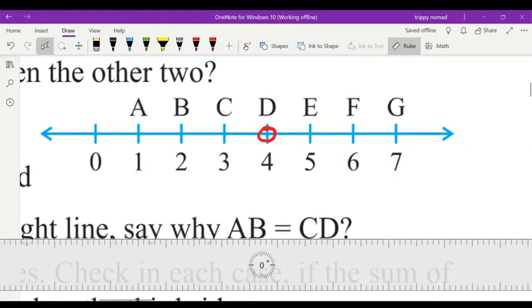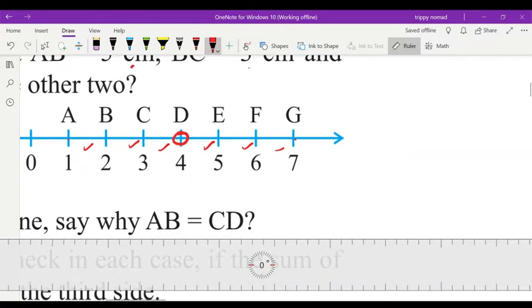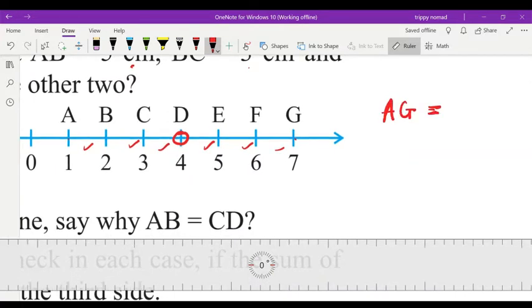So does the D point lie in the center, that means in the mid of AG or not? First we will see AG, this one: 1, 2, 3, 4, 5 and 6. First you will write AG is equal to 6 centimeter.